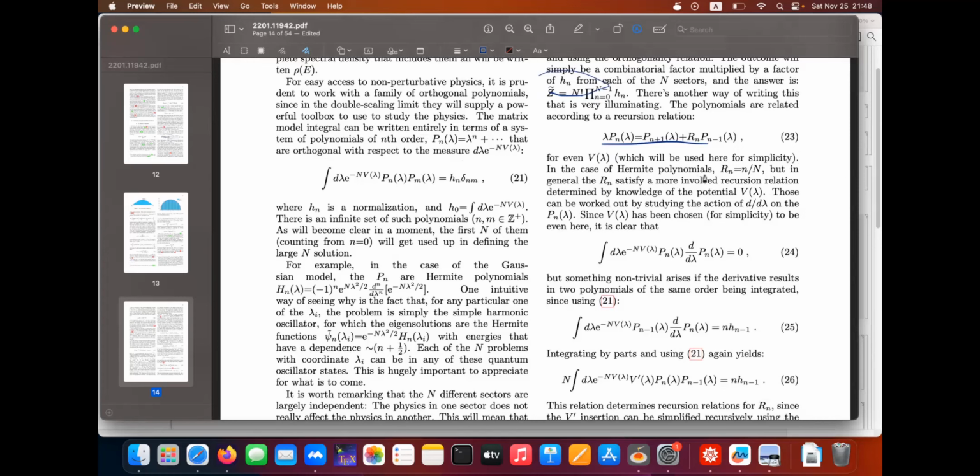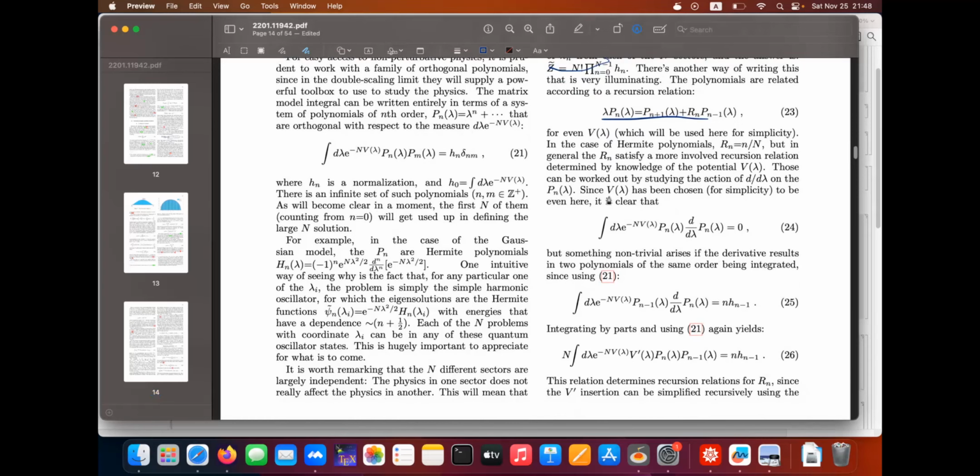For the Hermite polynomials, it's quite easy to calculate Rn equal to n minus the largest. Then you take n equal to infinity, so Rn should be a smooth function of x, with x ranging from 0 to 1. Here we choose V(λ) to be even.